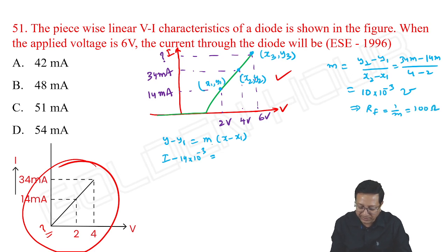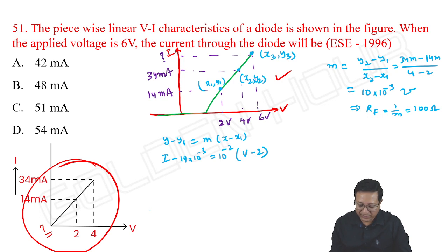Okay, let it be. Now slope here m is equal to 10 power minus 2, even I can write x minus x1. x is V, x1 is 2, V minus 2 we can take. Okay, this is how we can take it.